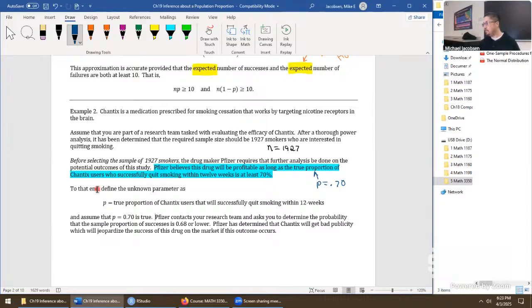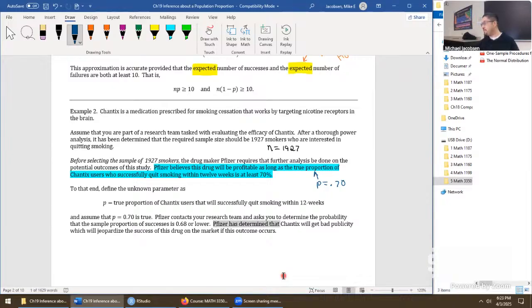Next part says, Pfizer contacts your research team, asks you to determine the probability that the sample proportion of successes is 0.68 or lower. Why in the world would they do that if we're assuming 0.70? It's because Pfizer has determined when they do this clinical trial, they have to publish the results, required by law now.